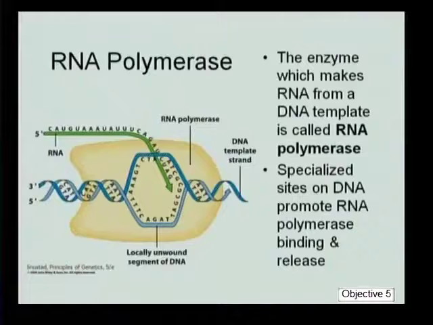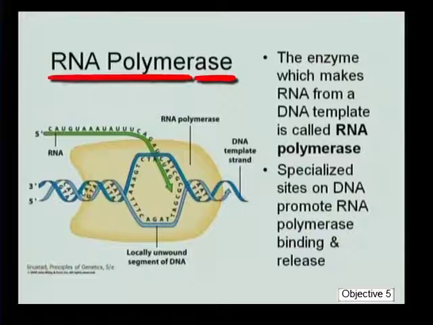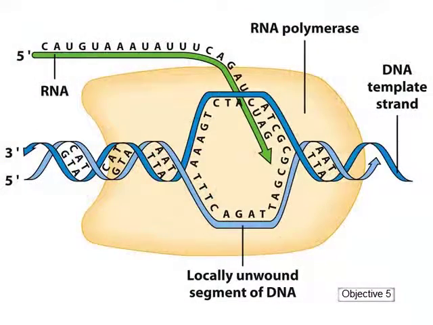The enzyme which is responsible for turning DNA into RNA, not surprisingly, we know it's an enzyme because it ends in ASE. We know what it does because it's called RNA polymerase. So RNA polymerase is an enzyme which makes an RNA polymer.